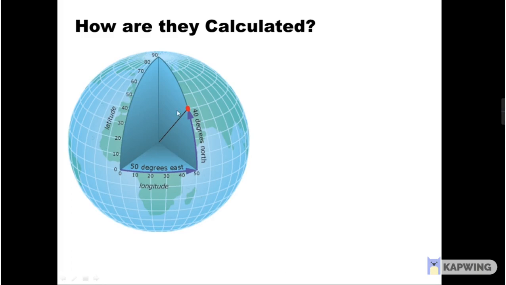And since this line is located towards the east of this prime meridian, it has a value of 50 degrees east. So ultimately, this particular place has a coordinate value of 40 degrees, 0 minutes and 0 seconds north latitude, and 50 degrees, 0 minutes and 0 seconds east longitude. We can easily calculate the coordinates of any particular place by measuring the angle that a particular place makes with their respective reference lines.